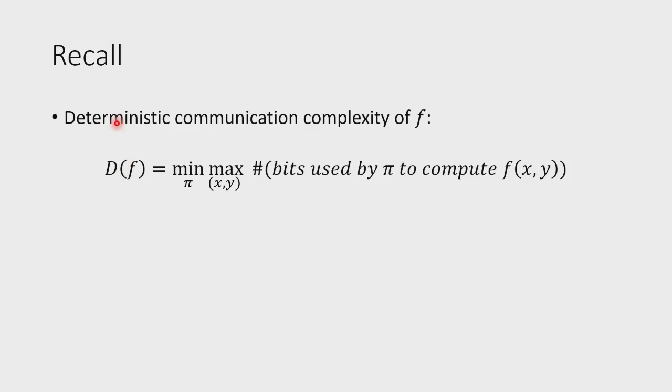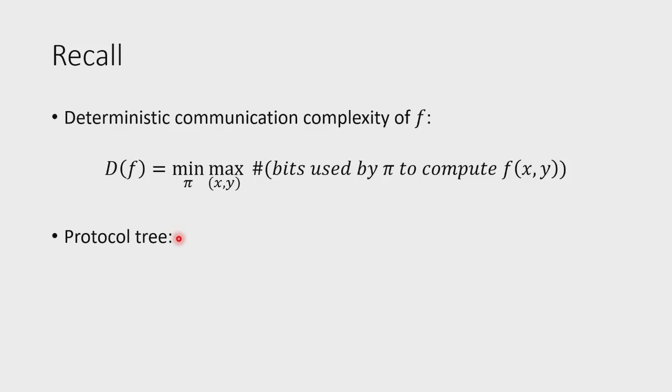After that, we saw the deterministic communication complexity of a function f, denoted by D(f). It is the minimum over all protocols pi, of the maximum over all x, y of the number of bits used by pi to compute f(x, y).